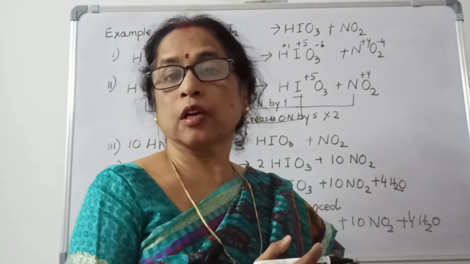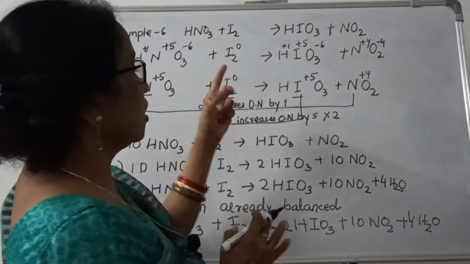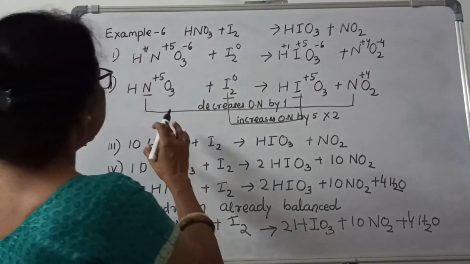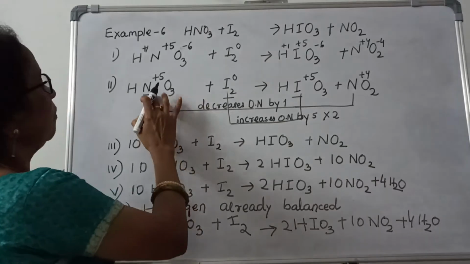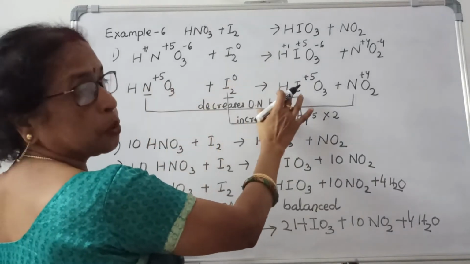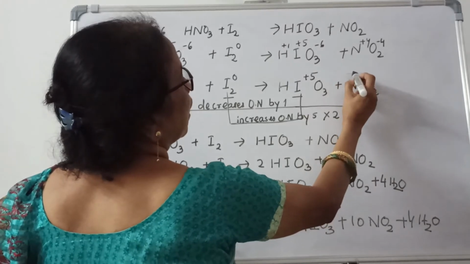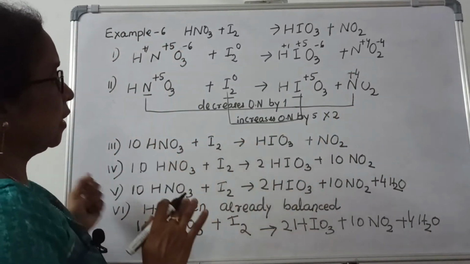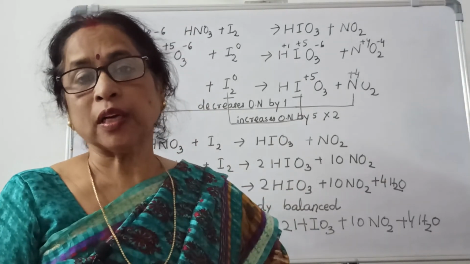Next point, we will observe which atoms undergo an oxidation number change. Here oxygen never changes its oxidation number, it always remains minus 2, and you can observe I made underlines here: N plus 5, I2 0, I plus 5, N plus 4. That means here we should observe what decreases and what increases.